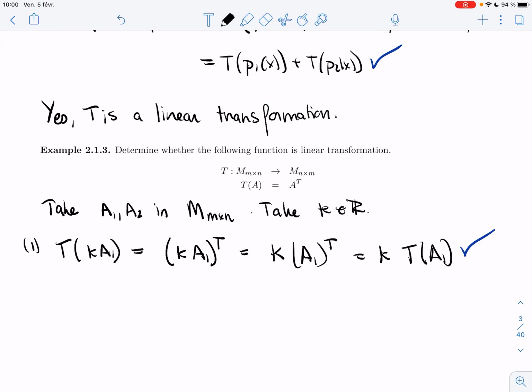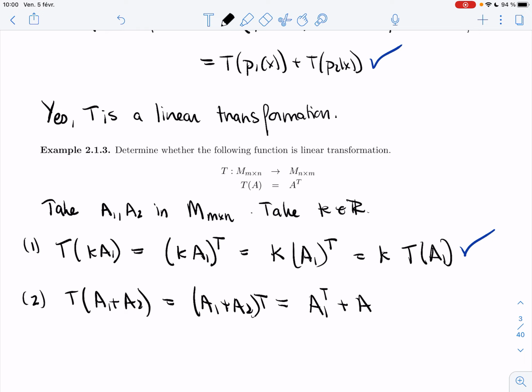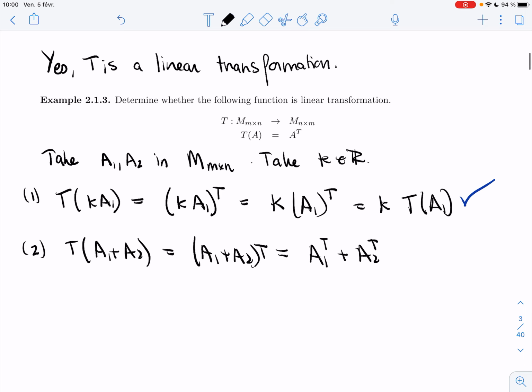First property holds. Let's try the second one. I can bring the transpose into a sum. It's only when you have a product that you had to switch the order, but the product of matrices doesn't actually appear when you're talking about vector spaces.